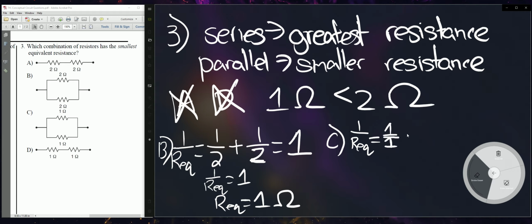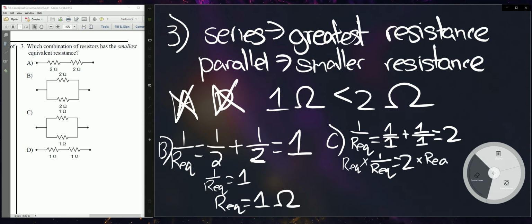In choice C, you have 1 over Req equal to 1 over 1 plus 1 over 1, and this is just going to be 2. So 1 over Req is 2. Multiplying by Req, you have 1 is equal to 2 Req, so Req equals 0.5 ohms.